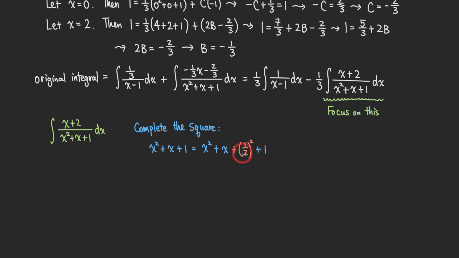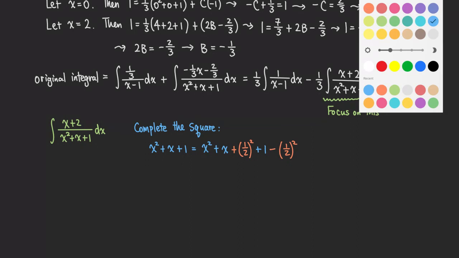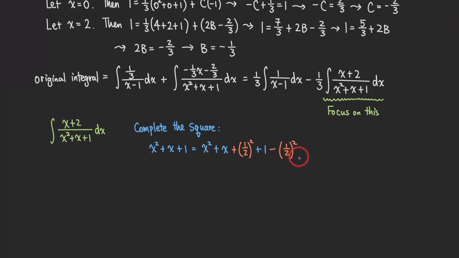But then I cannot just add something to my expression. I will be changing it, right? So I need to negate the effect that it has. So I need to subtract it back. So now we still have the original expression because basically we're adding 0 here. So from here, let's continue.